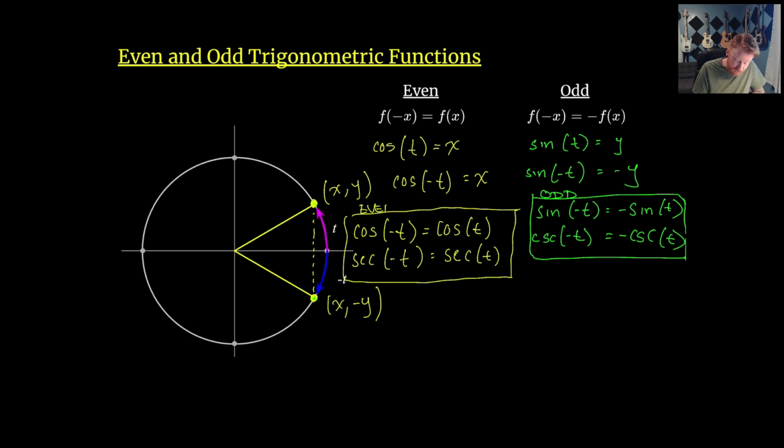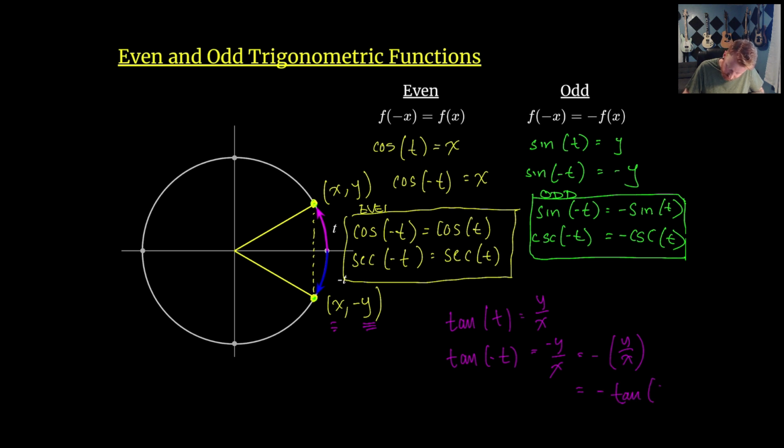The other two that we need to investigate here are, of course, tangent and cotangent. So let's think about tangent. The tangent of t is going to be the y value over the x value. The tangent of negative t is going to be negative y over x, which is equal to the negative tangent of t.